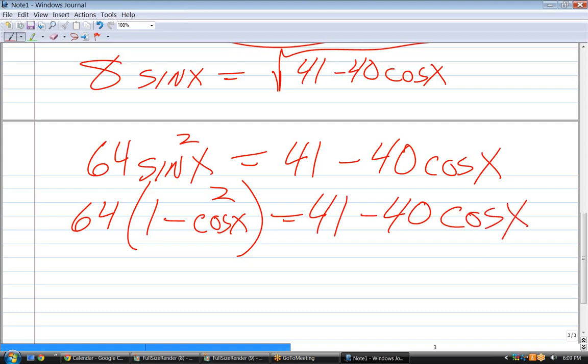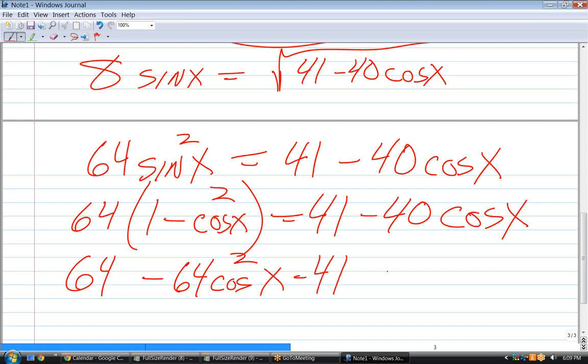Okay, let's distribute, get everything on one side and put 0 on the other. And I'm going to minus 41 plus 40 cosine x equals 0.